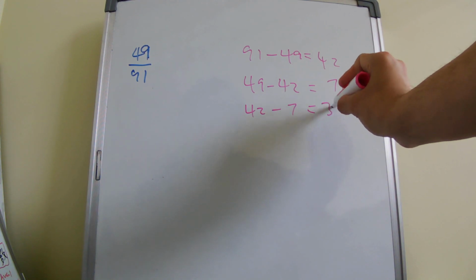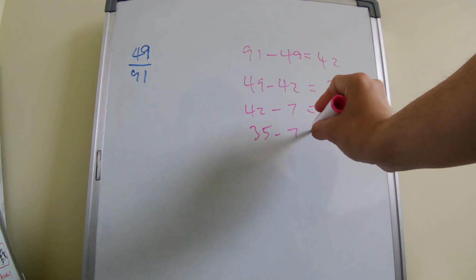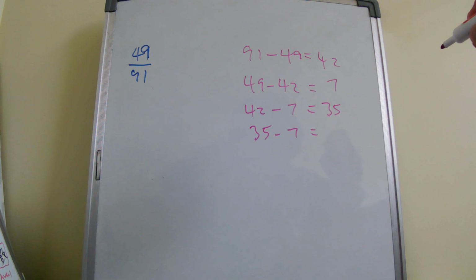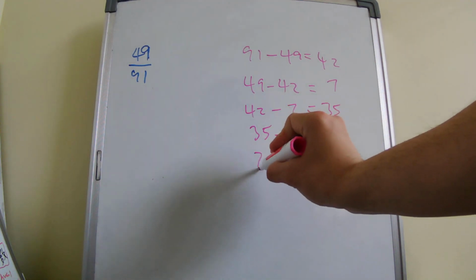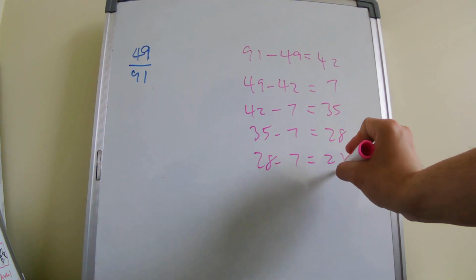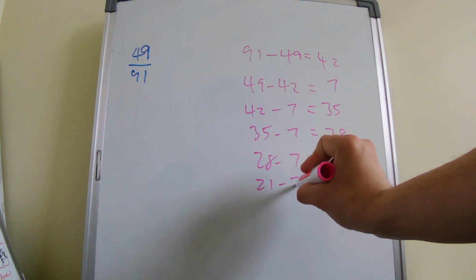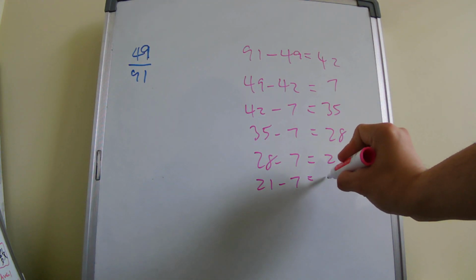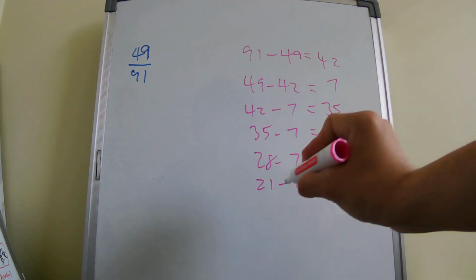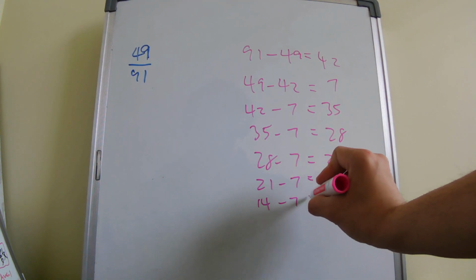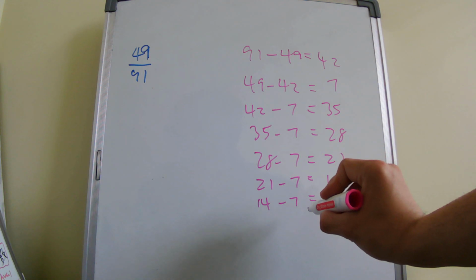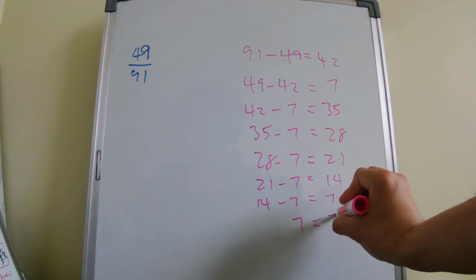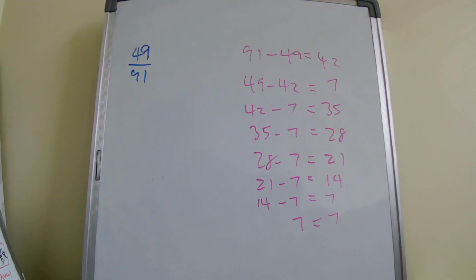So this will give you 35, and 35 minus 7 equals 28. Then 28 minus 7 gives us 21. 21 minus 7 gives us 14. And 14 minus 7 gives us 7. Lastly, we find that we reach 7 equals 7, and that's the equal number.